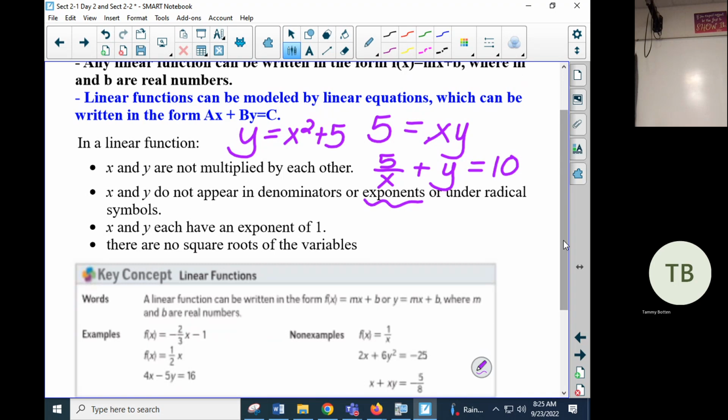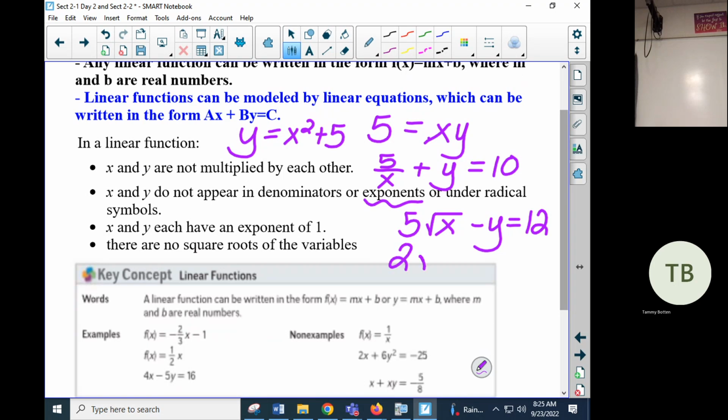The other thing you can't have is a variable under a square root or a cubed root or anything like that. So if you had 5 times the square root of x minus y equals 12, because that x is under the square root, we can't have that.